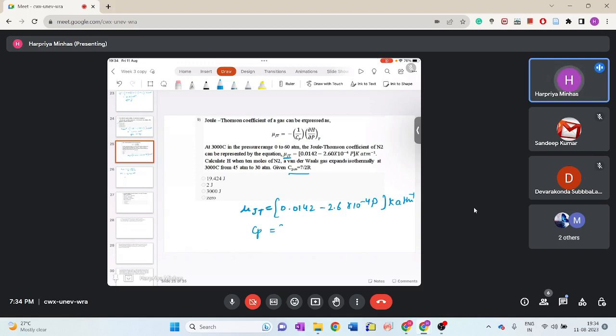And Cp given is 7/2 R. And your pressure changes: one pressure change is this, 0 to 60, and one is from 45 to 30.